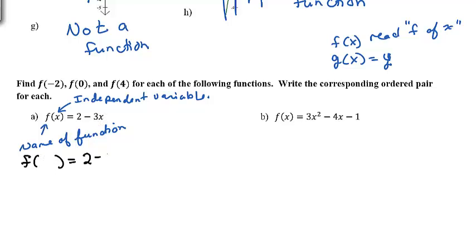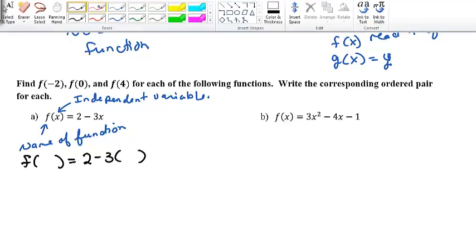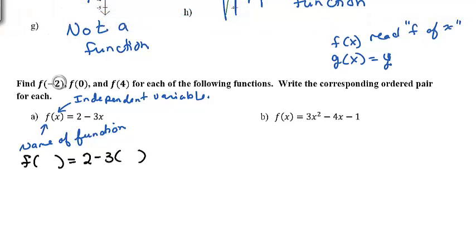So that would be 2 minus 3 and then an empty parentheses, and then just replace the x with whatever you're evaluating the function at. So first we're going to do -2. So put a -2 in the empty parentheses there.